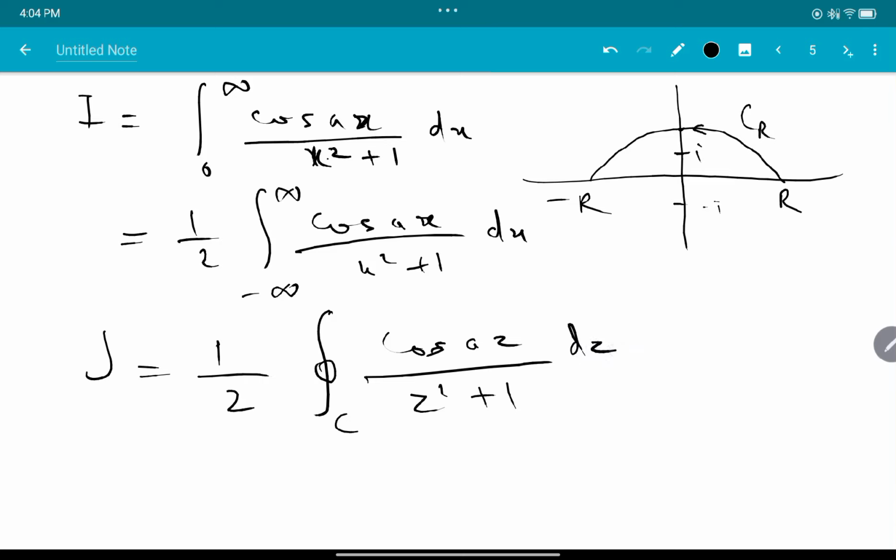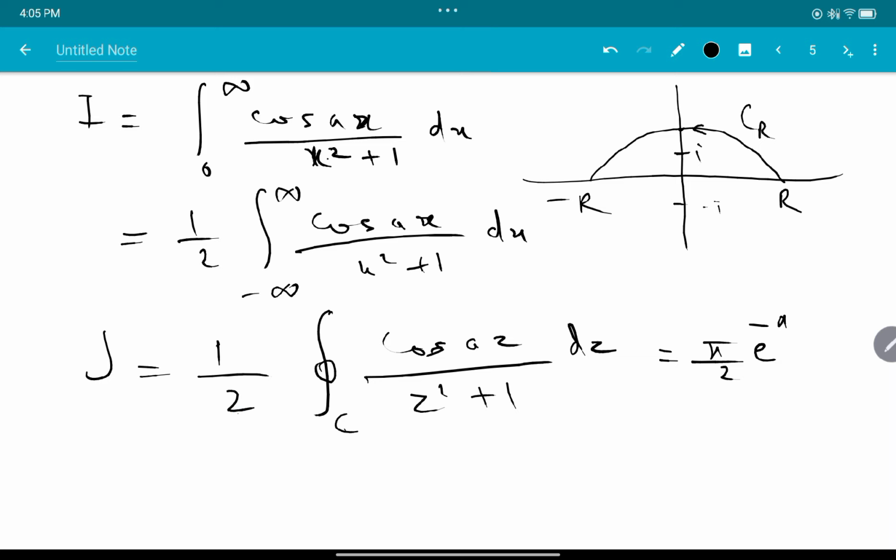And we chose C as the loop shown in the figure. Then we found the value of J first through residues, and we found it to be pi by 2 e raised to minus a, including this 2.